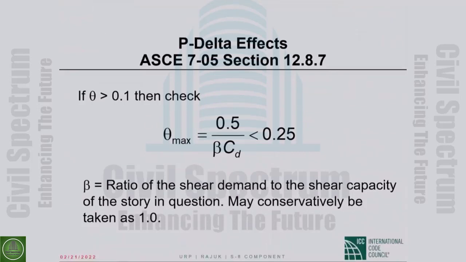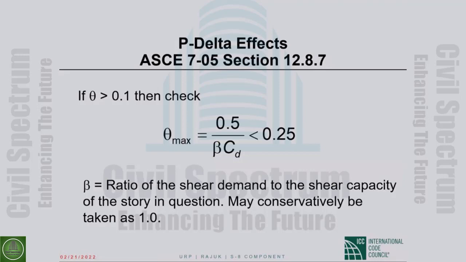If the stability coefficient exceeds 10%, then the largest value of theta along the height of the building shall not exceed 0.5 divided by beta times C sub d.